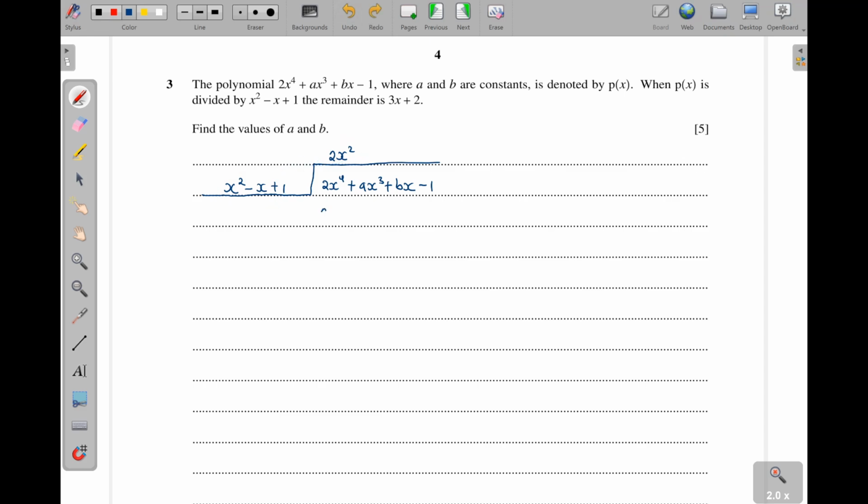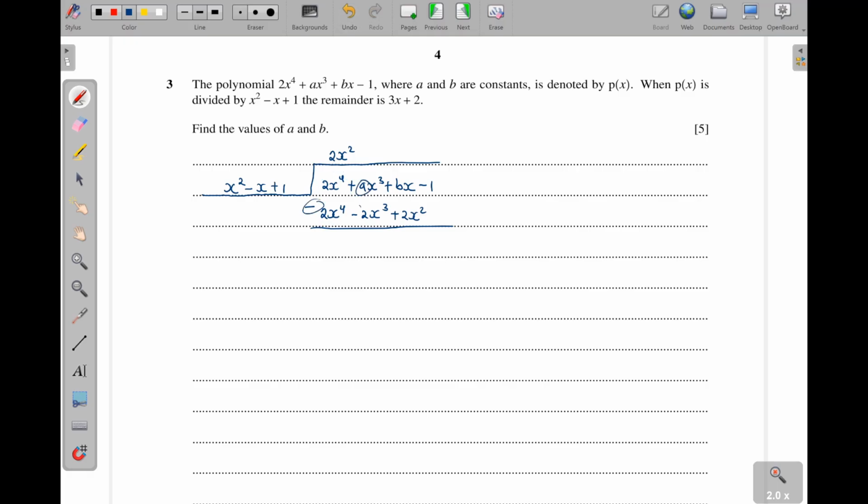Now everything we multiply by this here. So we shall have here 2x^4, and then this times this, we shall get negative 2x^3, and then when we multiply with a 1, this one will be 2x^2. Then we subtract to eliminate this one here.